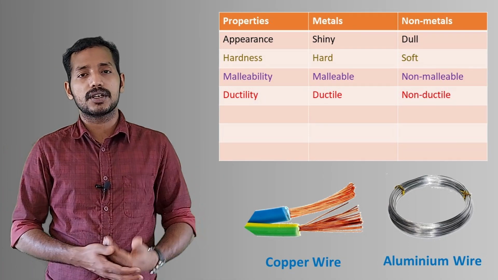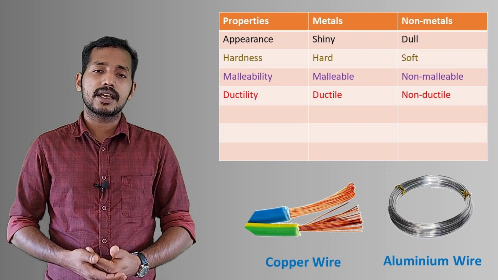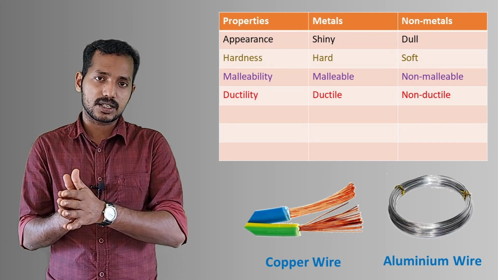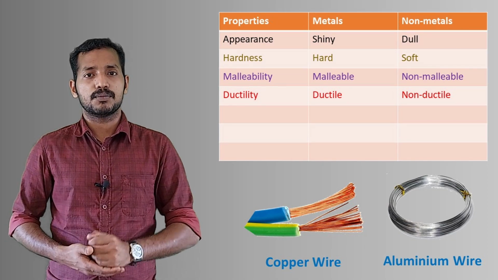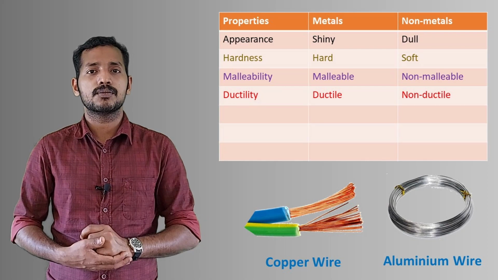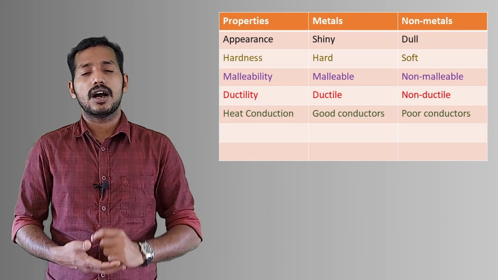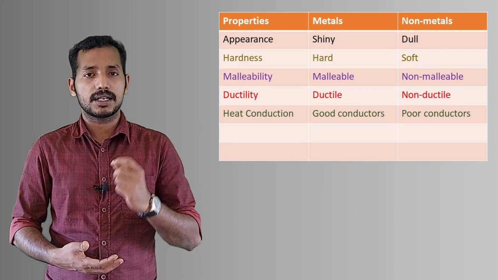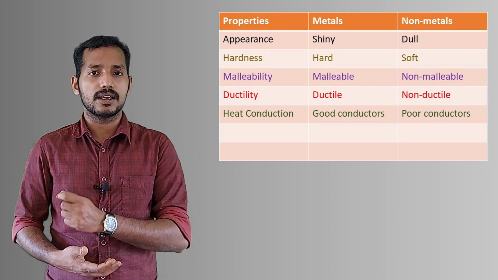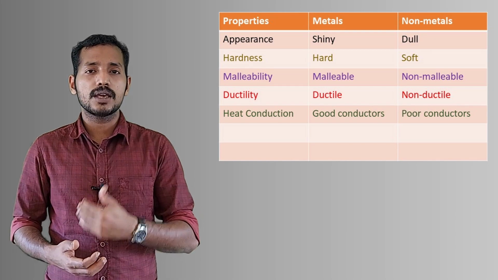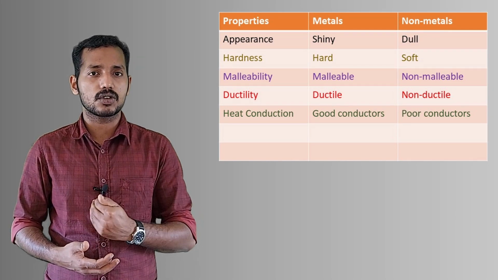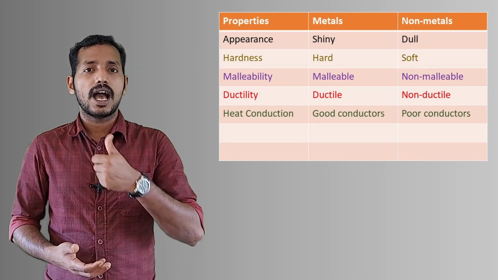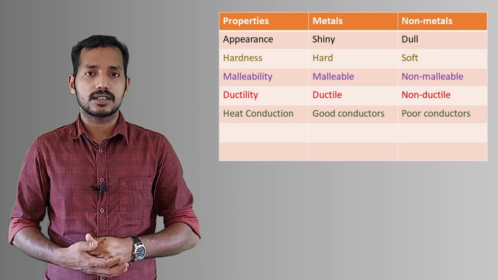Let's take another property, that is conductivity. Conductivity we can classify into conductivity of heat as well as conductivity of electricity. In case of conductivity of heat, metals are good conductors and non-metals are poor conductors. For example, if you hold a metallic scale in a flame for a few seconds or minutes, your hand will feel some hotness.